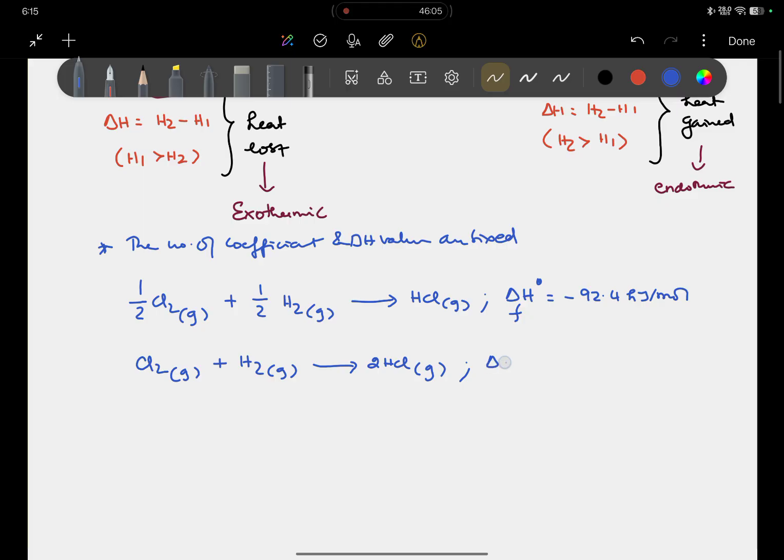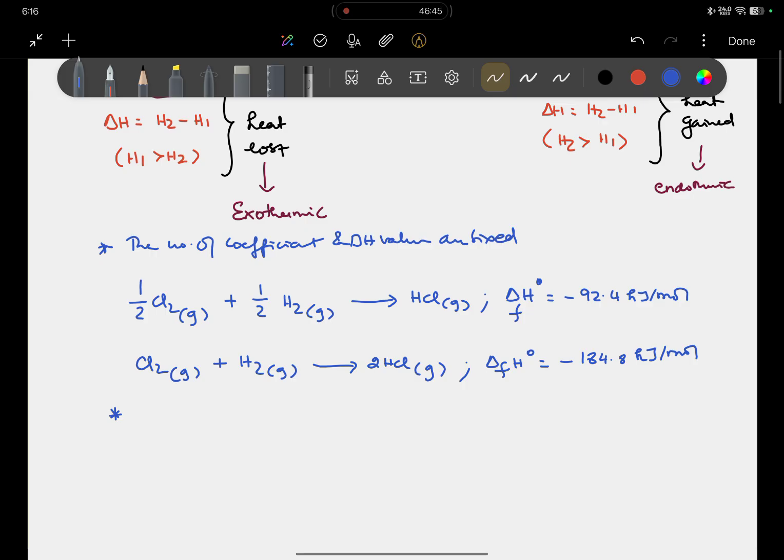But please make a note that delta H naught is equal to minus, you have to multiply 92.4 into 2. So 92.4 into 2, how much does it come? 184.8 kilojoule. Since you multiply the number of coefficients, that number should be multiplied to the delta enthalpy value also.